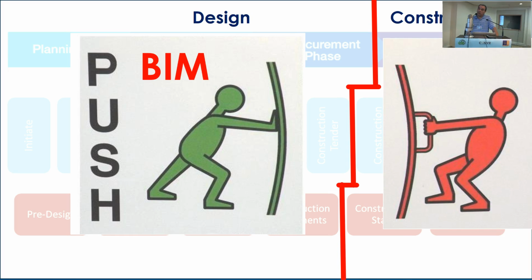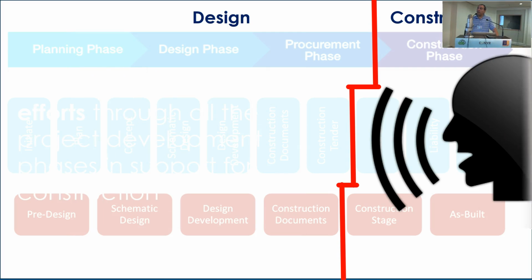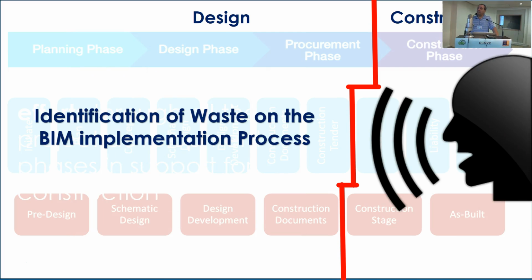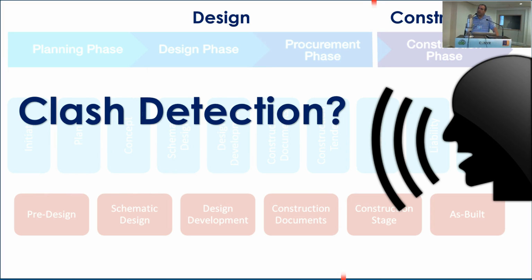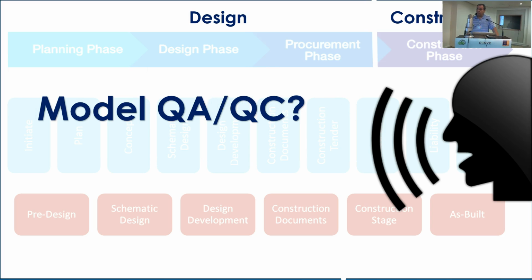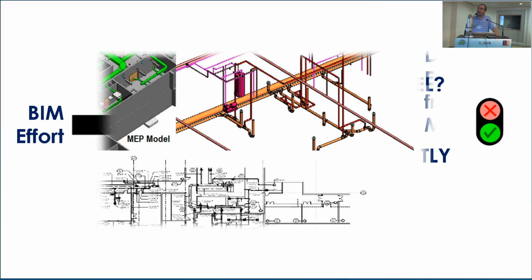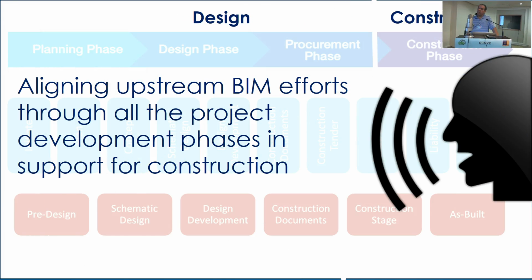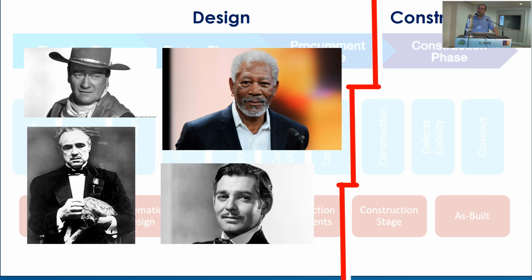But with the tool that we have presented, it's working, and now we can add pull to push, and by giving a voice to the construction people in the BIM process, we have been able to identify ways of improving the BIM implementation process, and we need to revisit all the classical BIM implementation processes that really need to be modified when you consider the voice of the construction people.